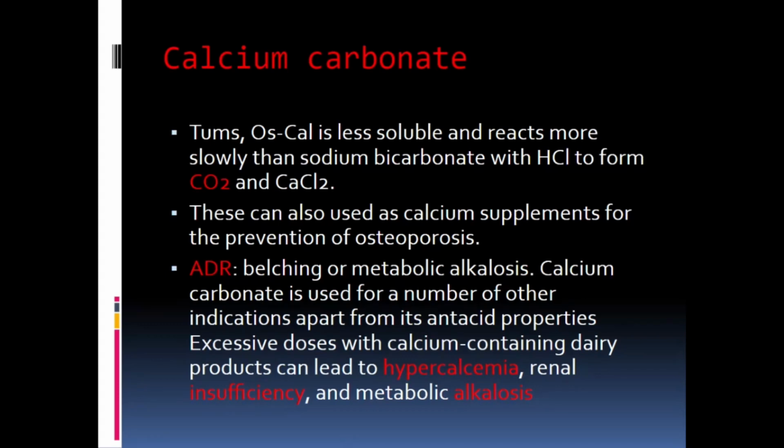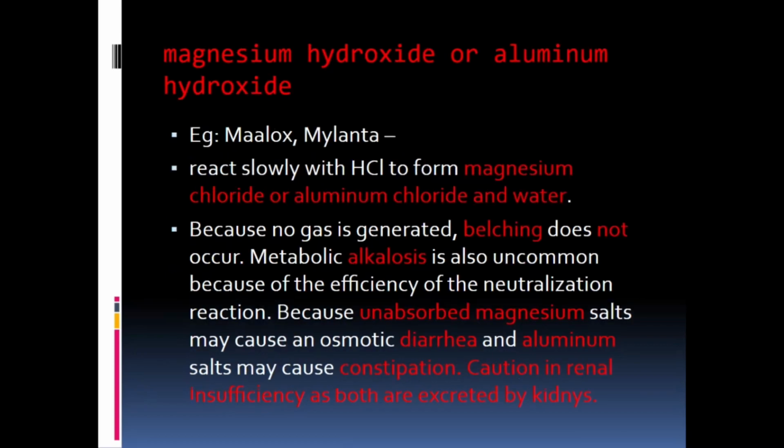Now come to magnesium hydroxide and aluminum hydroxide. Examples of these medications are Melox and Mylanta. Mylanta is commonly used, I think, in every home, isn't it? They react with HCl to form magnesium chloride and aluminum chloride along with water.